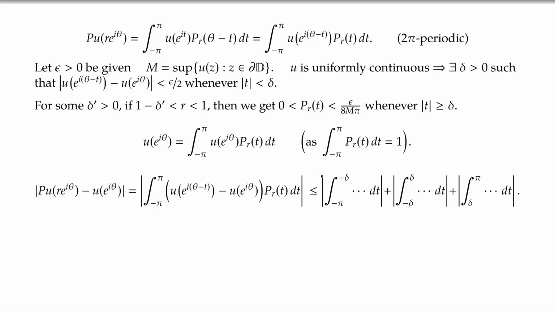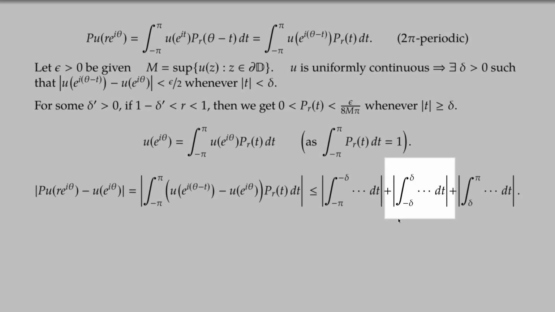So we're gonna bound these two separately, and we're gonna bound this separately, right? Because these first and the last integrals, those we can bound by this fact that p sub r can be uniformly small if we stay a delta away from the origin, and then over here p sub r is big, so we have to take another tack, right?